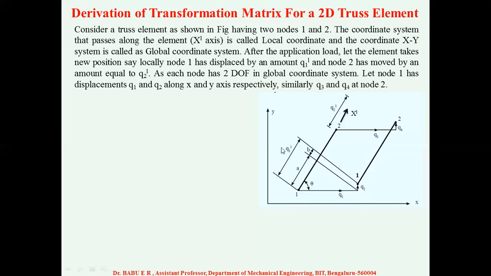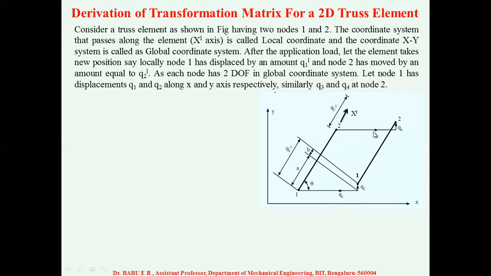So q1 dash and q2 dash are the nodal displacements of the truss element in the local coordinate system. Similarly, in the global coordinate system, each node possesses 2 degrees of freedom. At node 1, the displacement along x direction is q1 and along y direction is q2.